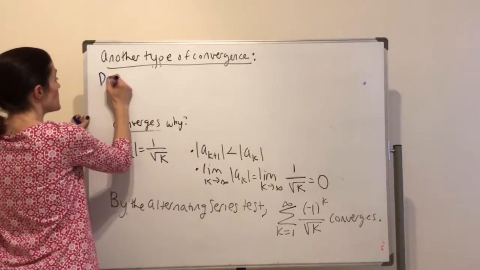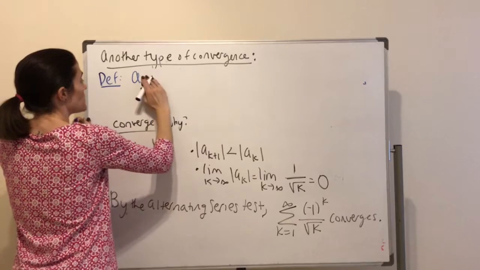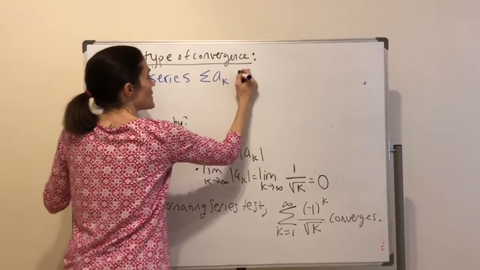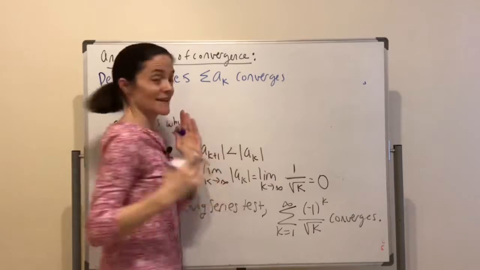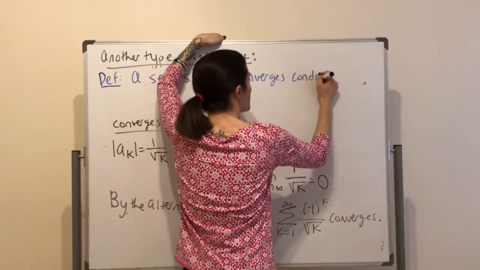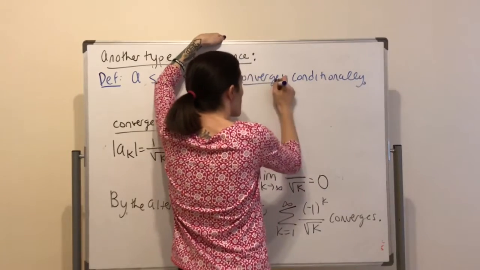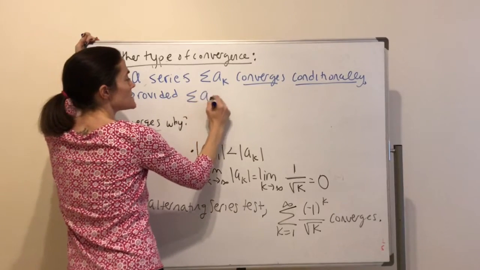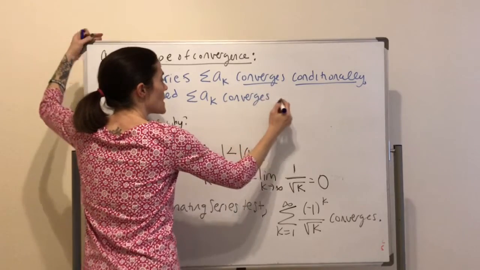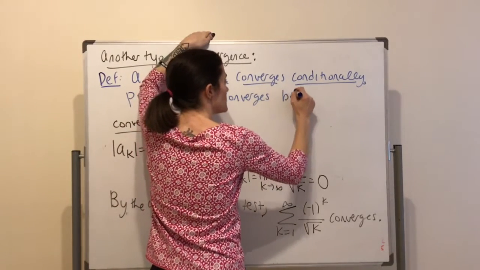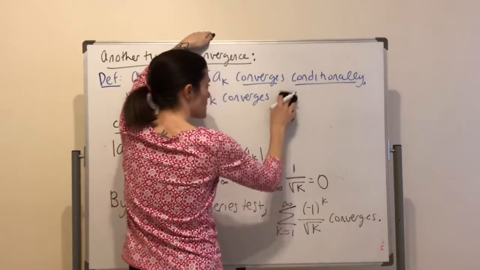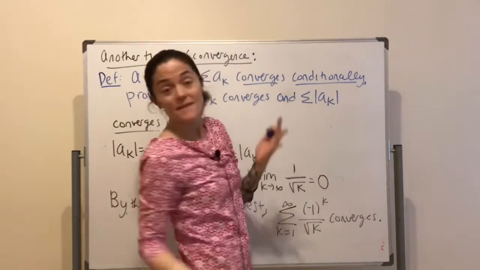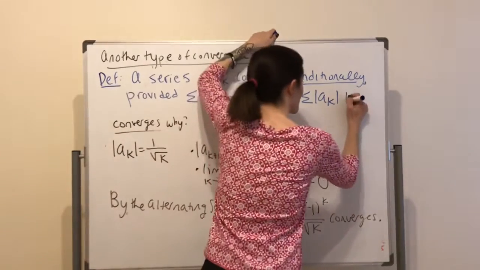So definition, a series, I forgot my S. The sum of a_k, this converges what's called conditionally provided the series itself converges, and maybe I will say, and the series where you look at the absolute value of the terms, this diverges.